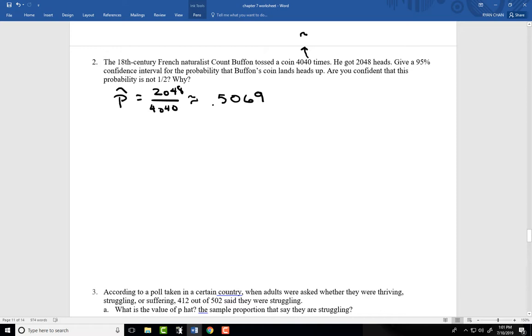So I will calculate my standard error, which is the square root of 0.5069 times 1 minus 0.5069, divided by 4,040.